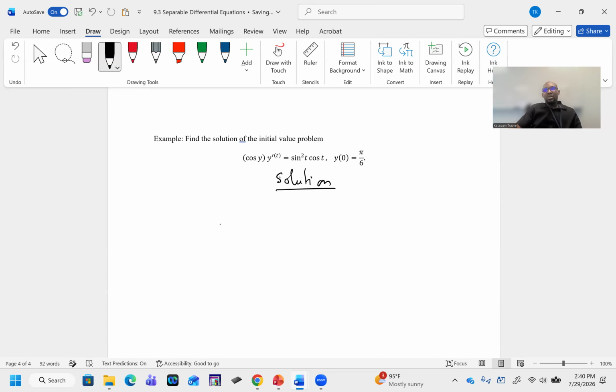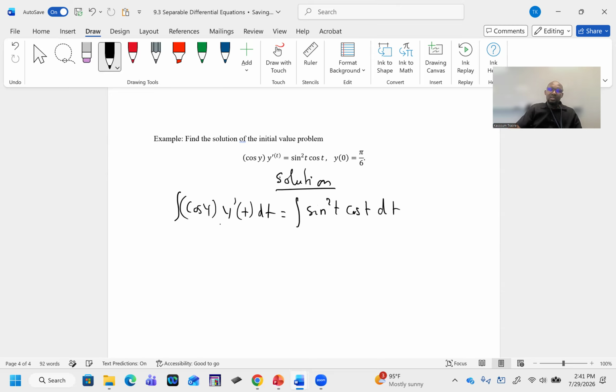So in this case, we will integrate both sides again. We have the integral of cosine of y times y prime of t dt will be equal to the integral of sine square t cosine of t dt.